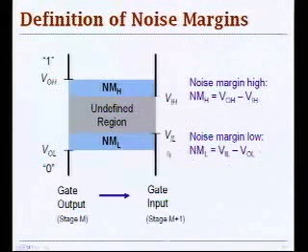So noise margin low was defined as the maximum input voltage at the gate that will be read as input logic 0 and the nominal output logic 0, VOL. And in a similar way, we defined the noise margin high, which was the difference between the nominal logic 1 and the minimum voltage level that is still treated as logic 1.